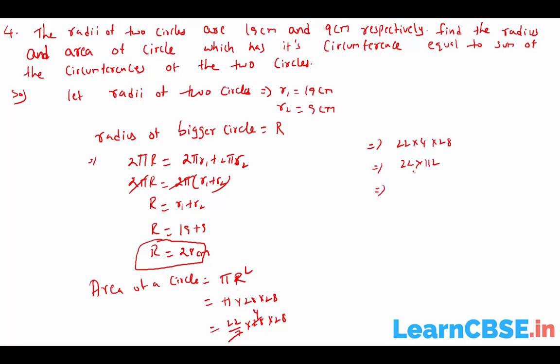Then you'll get 2240 plus 224. Multiplying, we get 2464 centimeters square. This is the area.